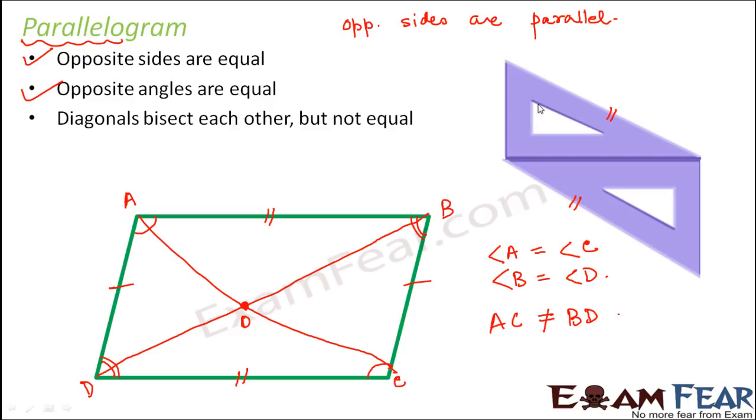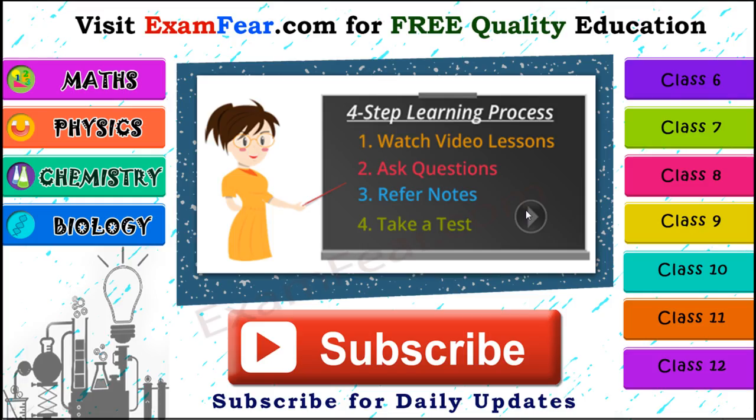So in order to make this parallelogram, we have used two identical set squares, so this length is equal to this length. So opposite sides are equal. Also, the opposite sides are parallel because the distance between the opposite sides remains constant throughout. So that's how you can make a parallelogram.